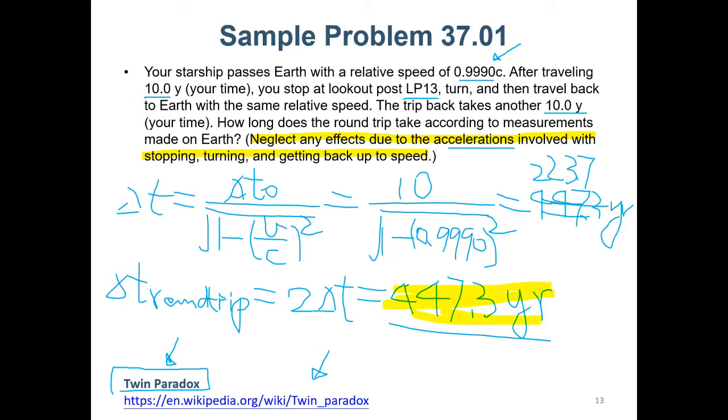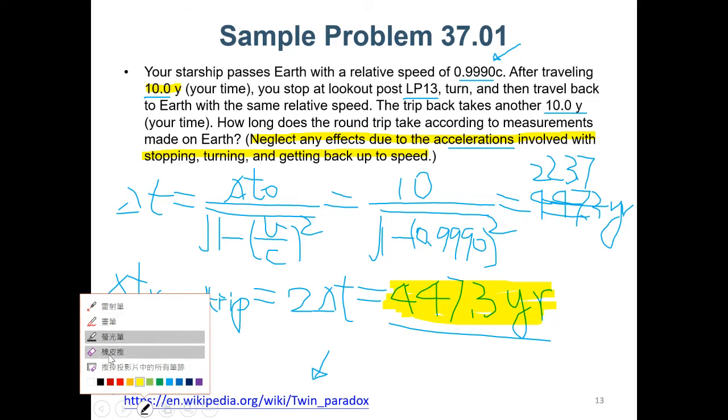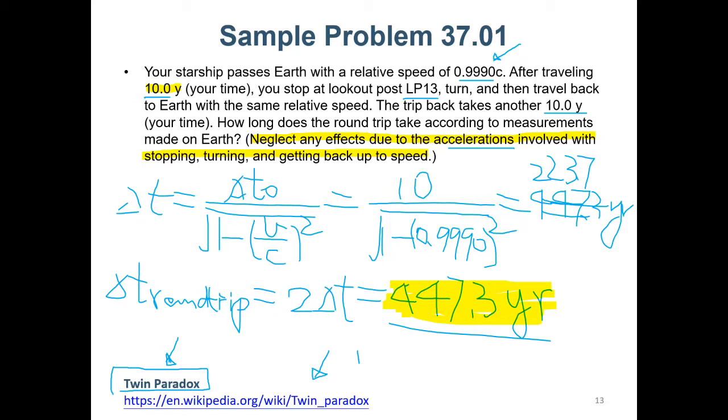So the time for the guy on the Earth is longer than the one on the starship. One point to emphasize is that this 10 years is something like, so it has a starship and this is the Earth.